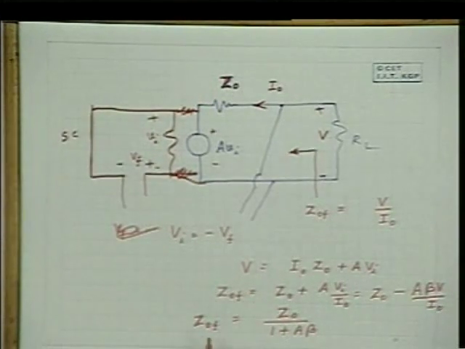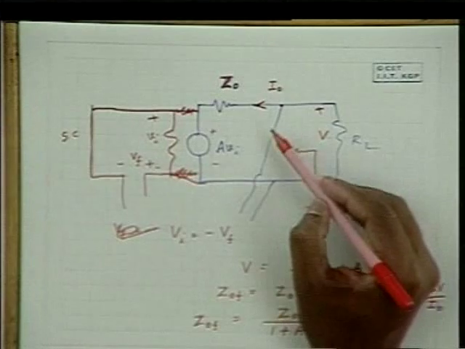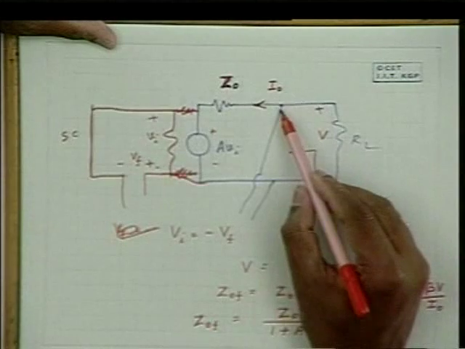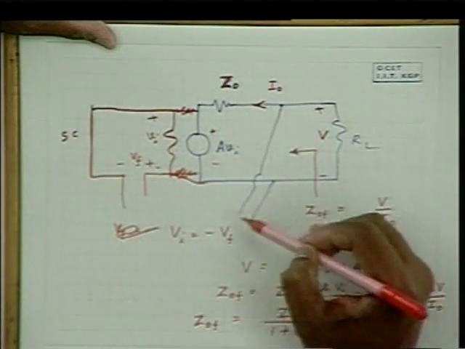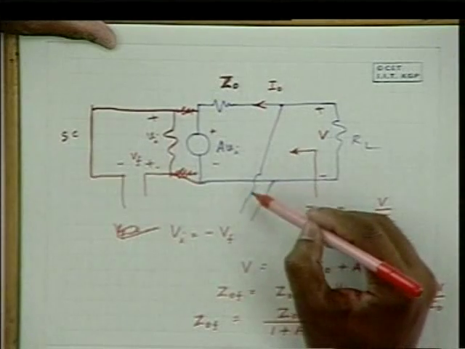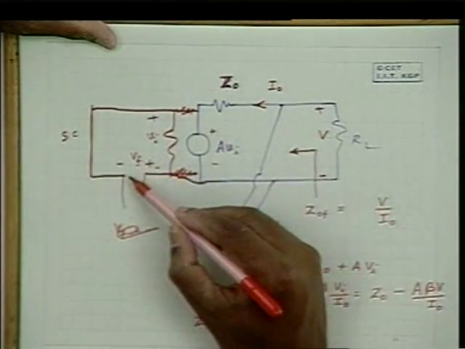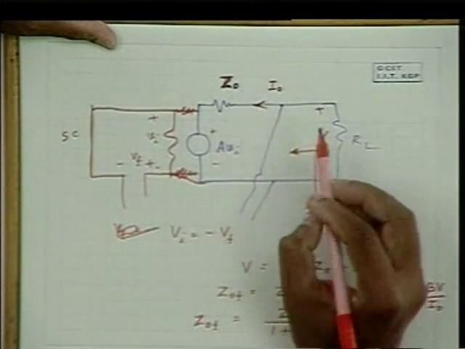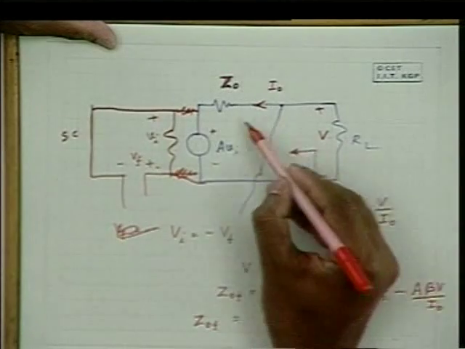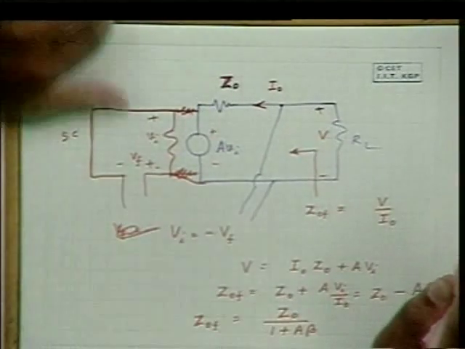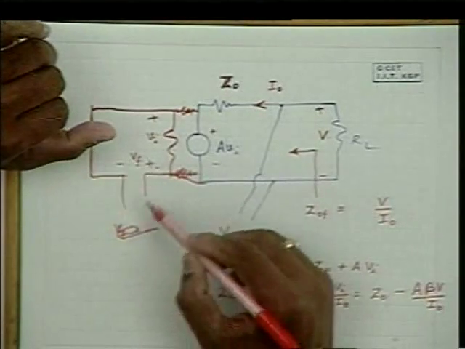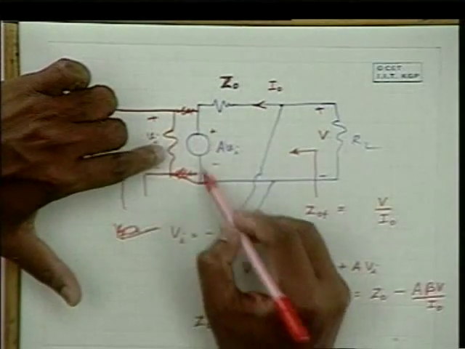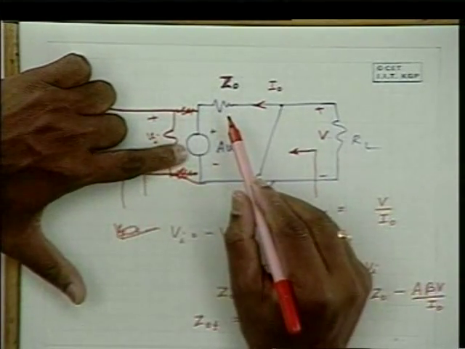This is how the output impedance goes down the moment the feedback is voltage feedback. That means if I tap the output by a parallel connection, the feedback voltage that appears at the input is such that when I apply a voltage source V, it draws more current. If there is no feedback, this Vf would have been 0, and when the input is replaced by a short circuit, ZOF is equal to Z0 itself.